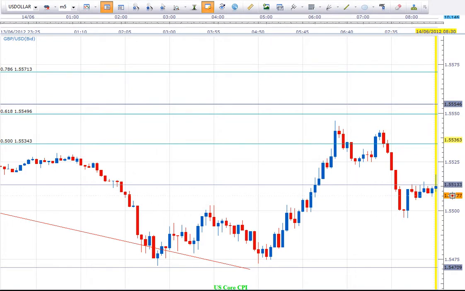I went long from 1.5513, and I placed my stops below these lows out here. And now target was a very important region. Where would I want to target? Should I target a high of 1.5546ish area?